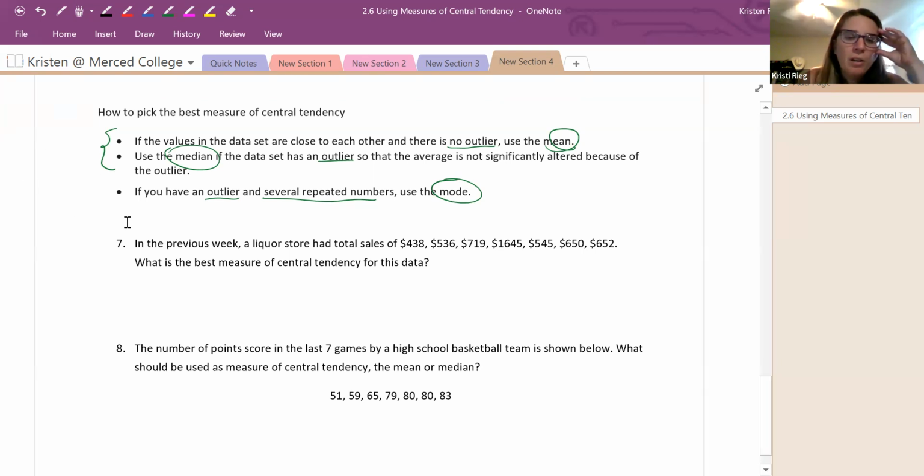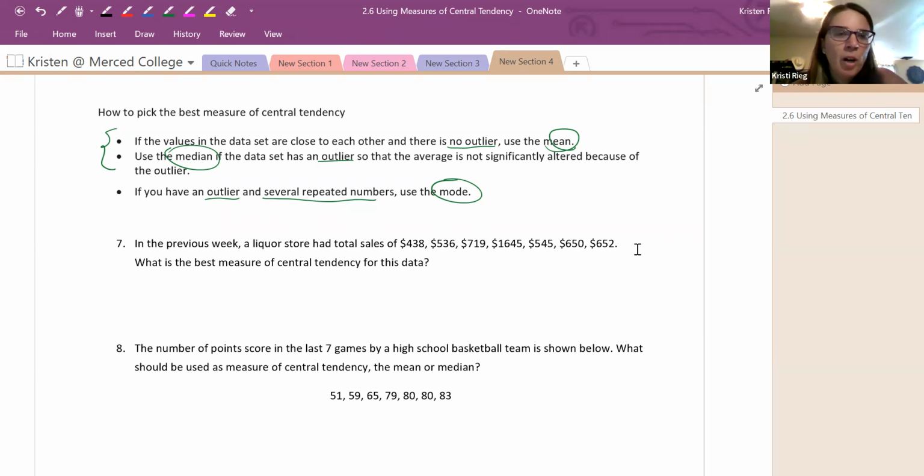Okay, so for the first one, it says liquor stores had the sales listed here, all these prices. What is the best measure of central tendency? Looking at the bulleted list above, it really depends on if there's an outlier or not. If there is an outlier, do the numbers repeat? So let's first look for an outlier.